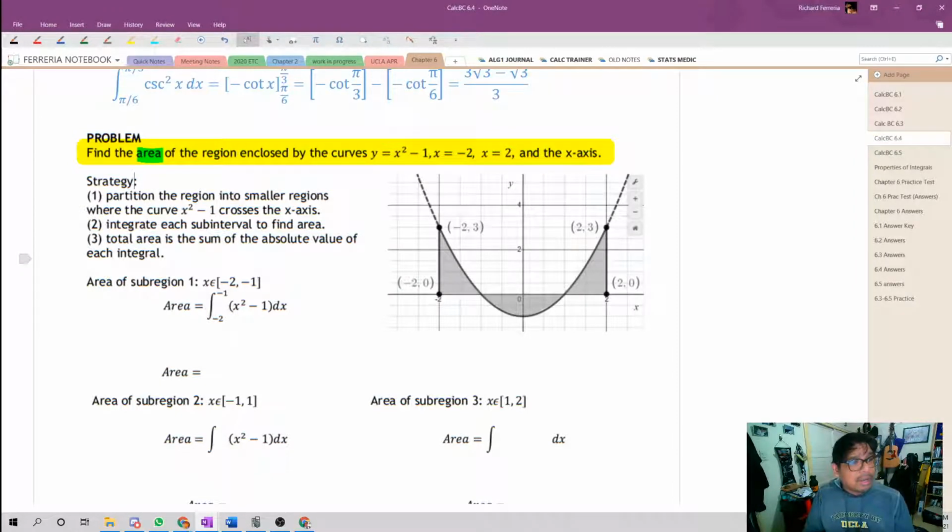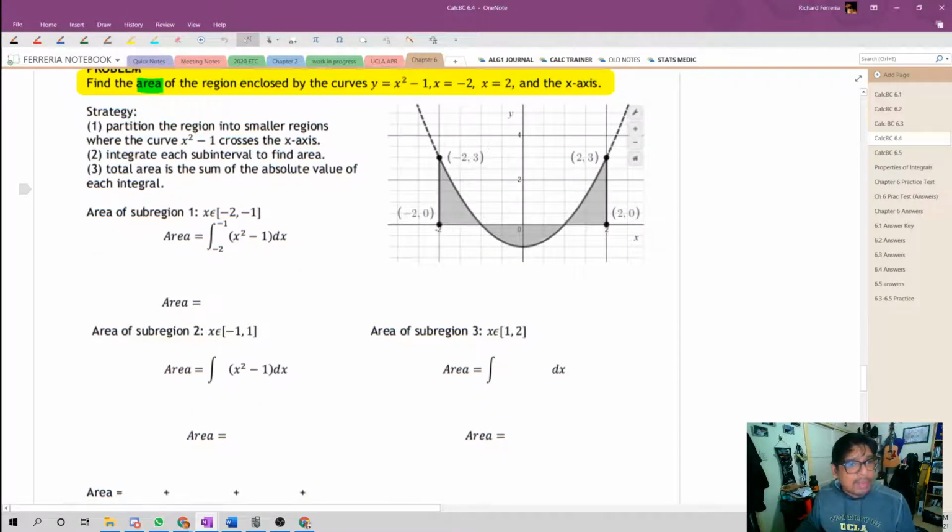So let's get started. The first area, subregion 1, that's going to be the triangular shape above the x-axis from -2 to -1. So that area is going to be equal to, and let's get our antiderivatives. Hopefully by now we know that the antiderivative of x squared is 1/3 x cubed.